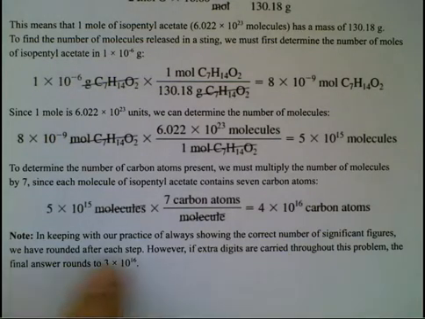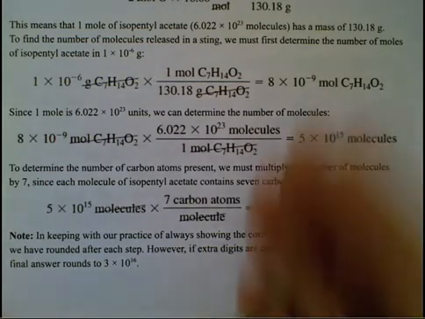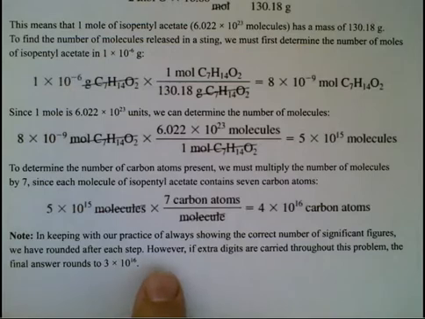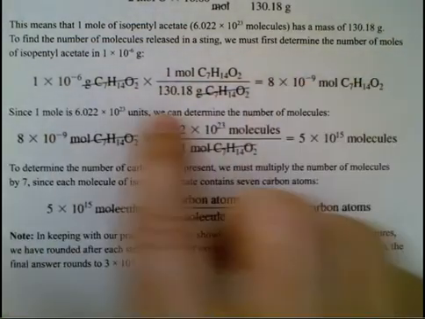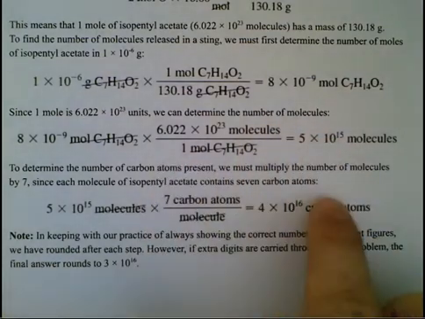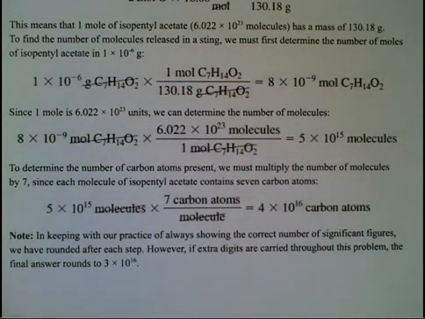Note, in keeping with the practice of always showing the correct number of significant figures, this problem is rounded after each single step, so that each time you can practice understanding how many significant figures should be there. However, when you're doing long calculations, you don't have to do that for each intermediate step.